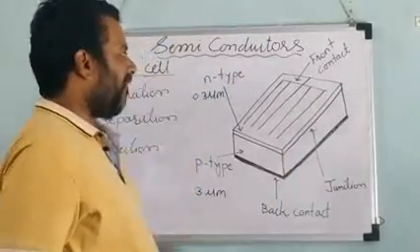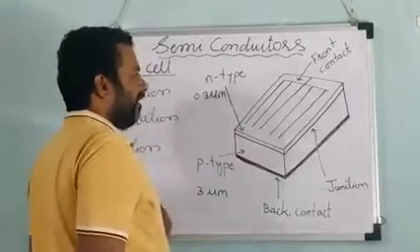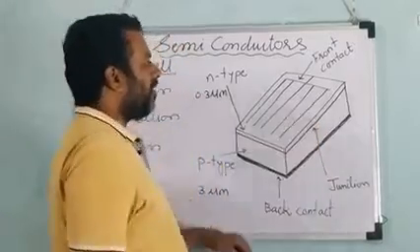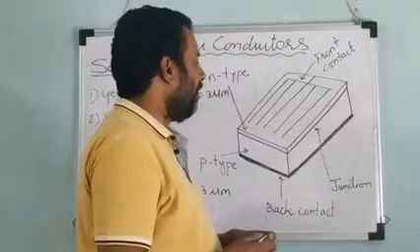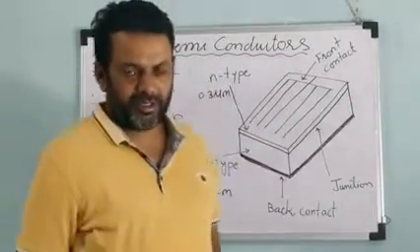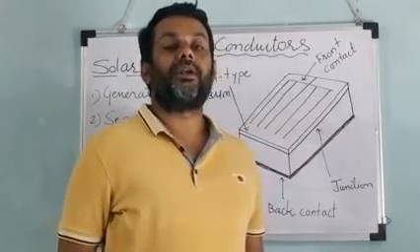For this purpose, the N type semiconductor is connected with a grid, which is called the front contact. The front contact is a metallic grid which covers only 15% of the area of the N type semiconductor, and 85% of the area is left open for the light to fall on it.